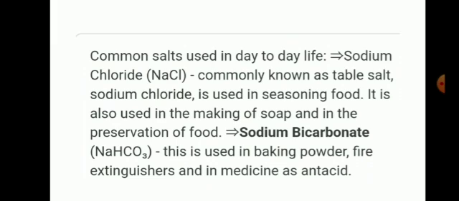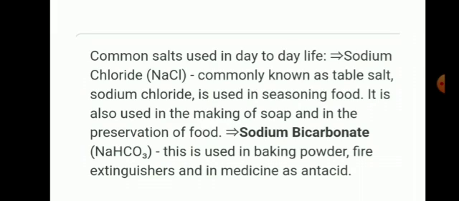Children, you might have experienced acidity. The stomach produces dilute acid which helps in digestion of food that we eat.